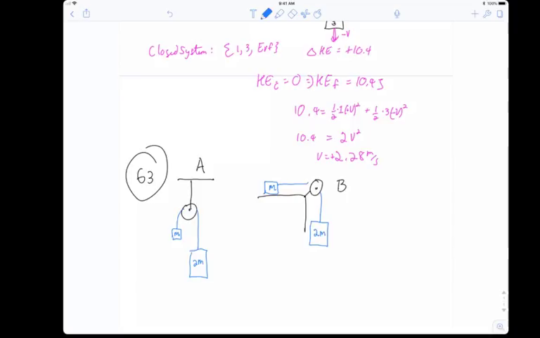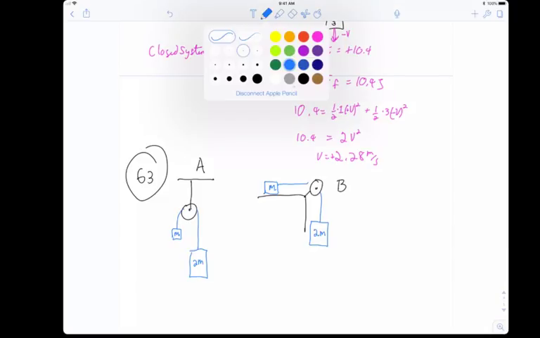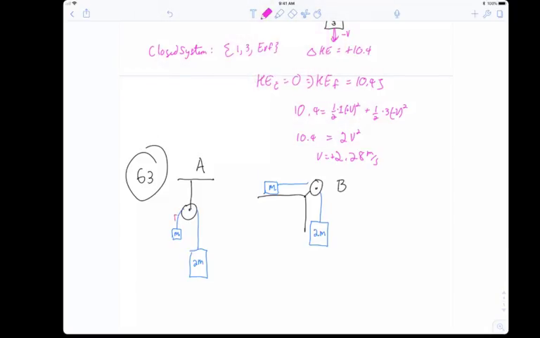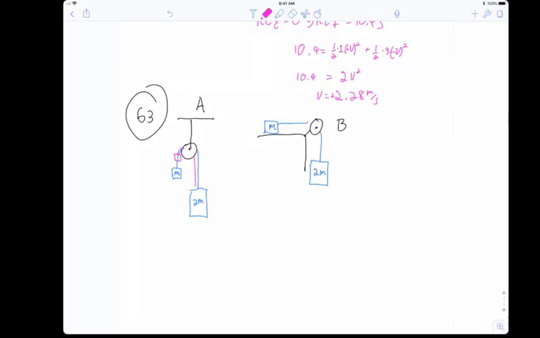And the question is, these 2 blocks are going to slide some distance d down, the same distance in both cases. Which one is moving faster, A or B?